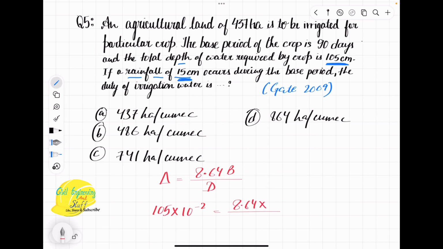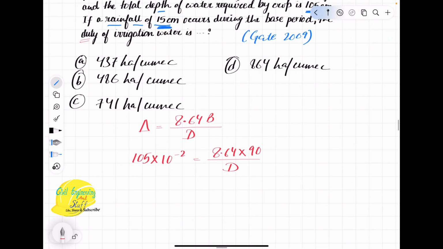B is 90 days, and we have to find the duty. So D will be equal to 8.64 into 90 divided by 105 into 10 to the power minus 2. Solve it and tell me what the answer is.